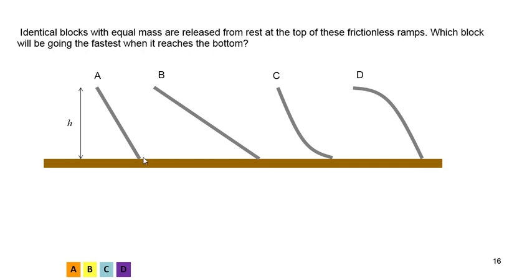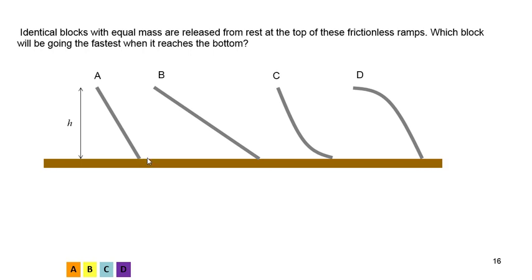So the only force that is doing work in this example is gravity. And because the only force that's doing work is gravity, I know that mechanical energy is going to be conserved. I know that Ki plus Ui up here has to equal Kf plus Uf down here. And all of these are the same height. So the initial potential energy, Ui, is the same for all of them.